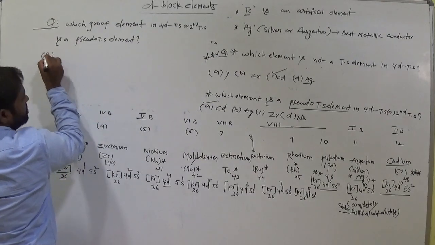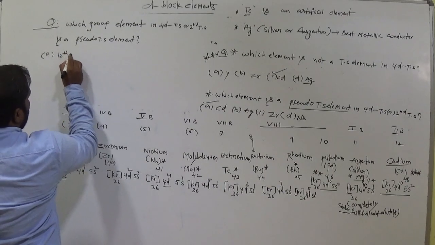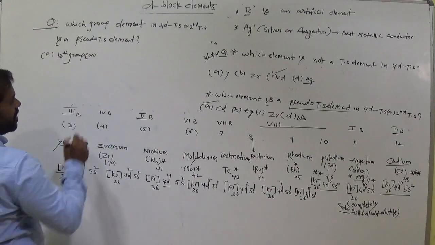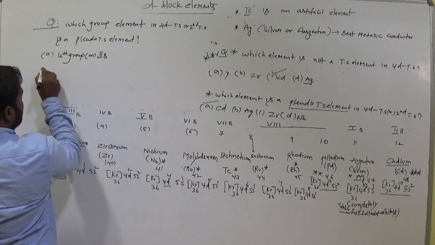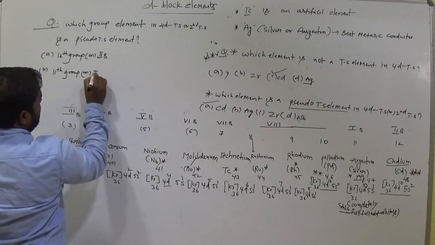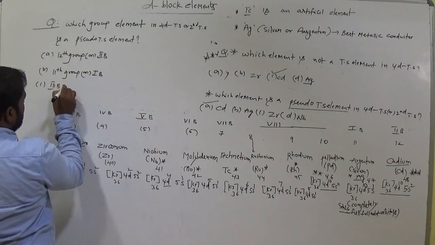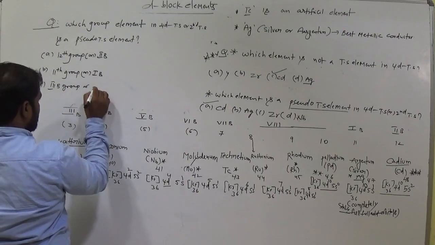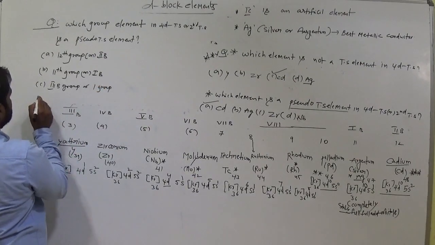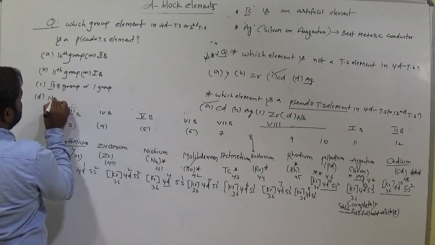Option A, 12th group or second B. Option B, 11th group or first B. Option C, third B group or first group. Option D, none of these.